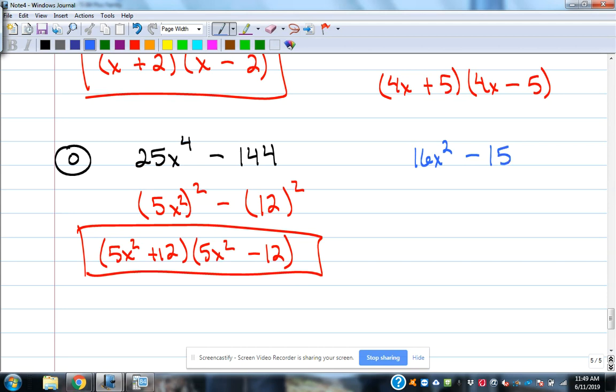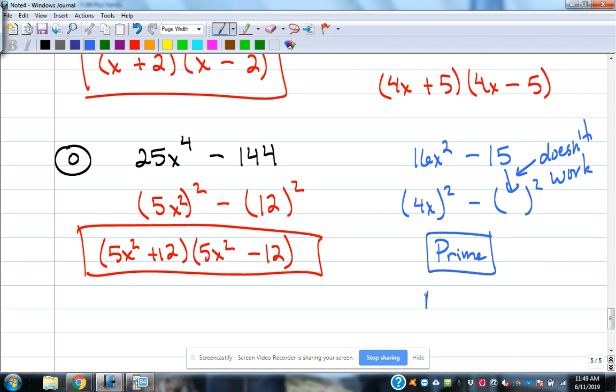That looks like a difference of squares, but I cannot write the 15 as a number squared. 15 is not a square number, so this doesn't work. So that's not a difference of squares, which means it doesn't factor, and you would call this prime.